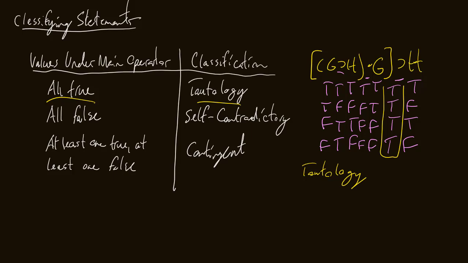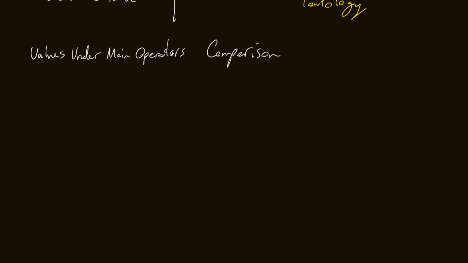And now what we can also do is compare statements based on the values under their main operators. And then we can compare these values under main operators, and I'll say a comparison. We're going to make another nice little table to define our comparisons.